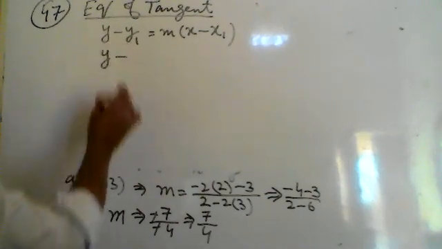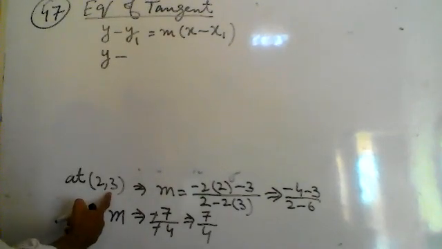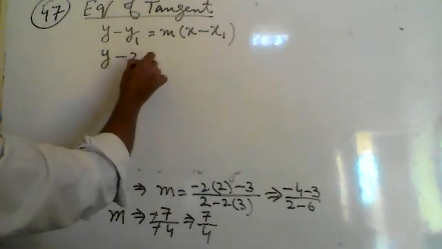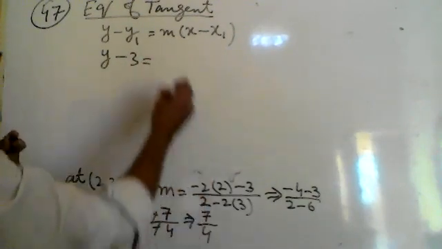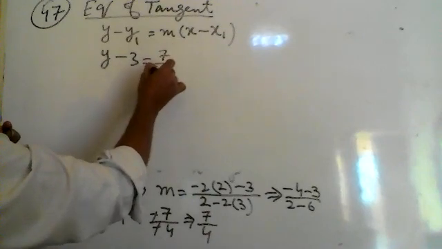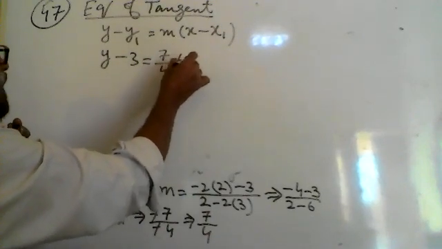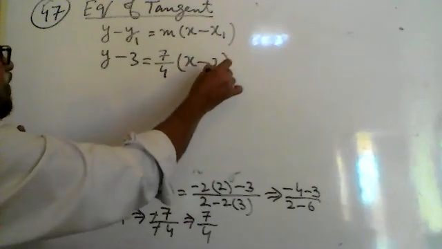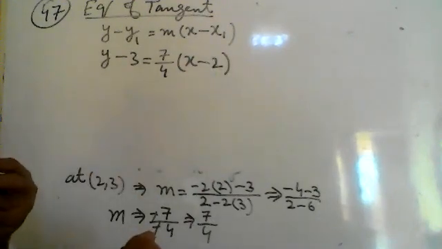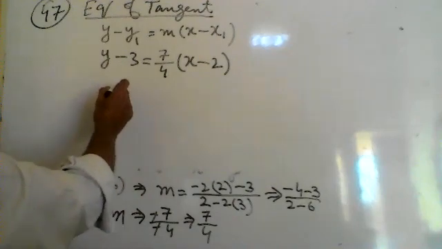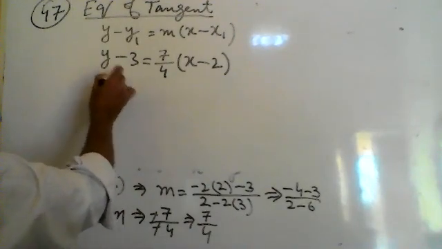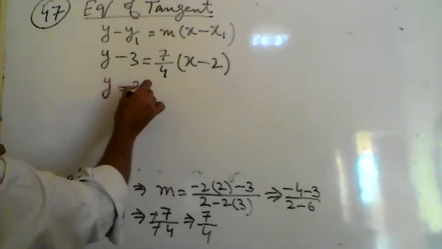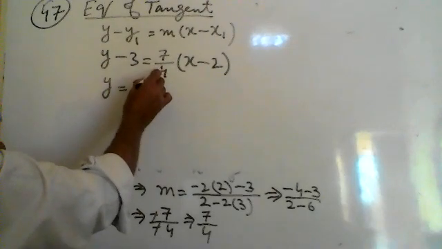So y minus 3 is equal to m, 7 upon 4, into x minus x1, which is 2. So y is equal to minus 3 shifted on the other side, plus 3, plus 7 upon 4.